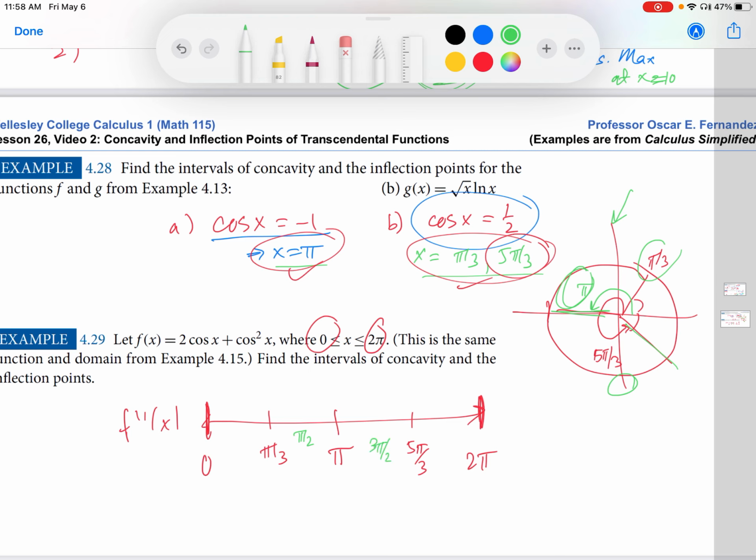And then something in between 0 and pi over 3, well, that's like 30 degrees, which is pi over 6. And then something in between 5 pi over 3 and 2 pi would be 2 pi minus pi over 6, so something over here. So I'm just going to write 2 pi minus pi over 6.